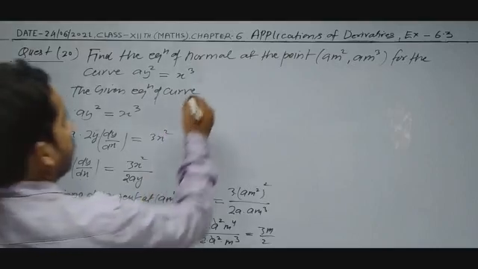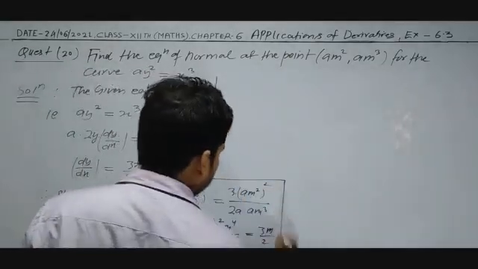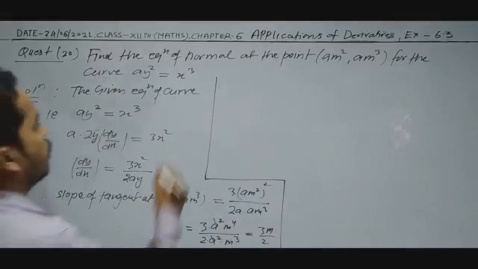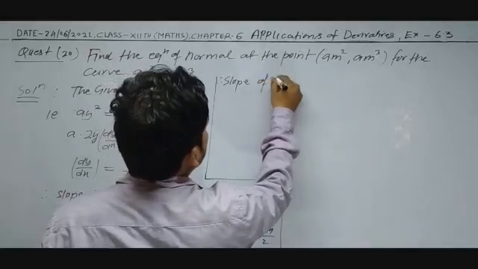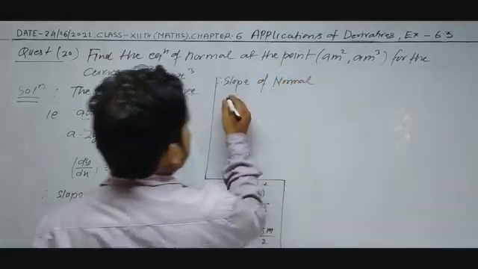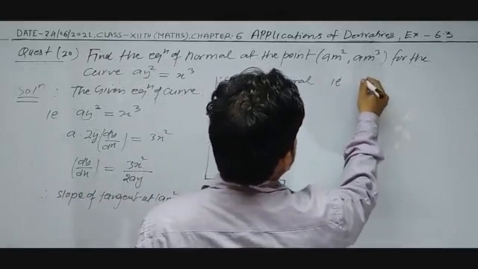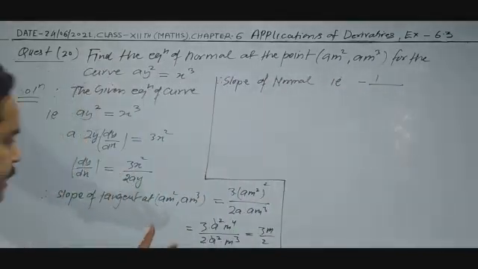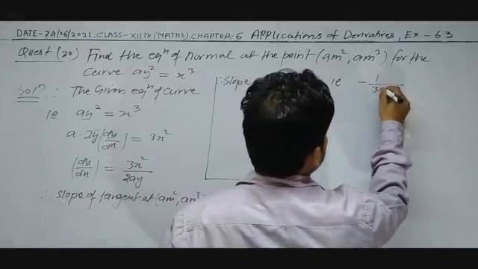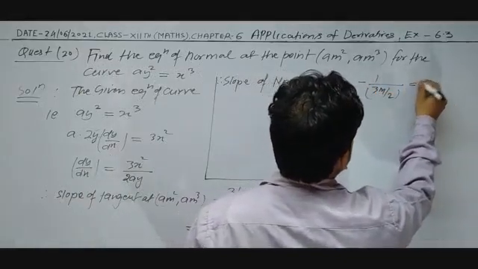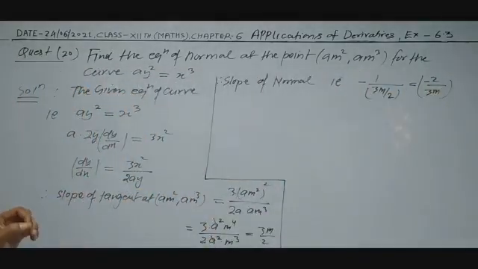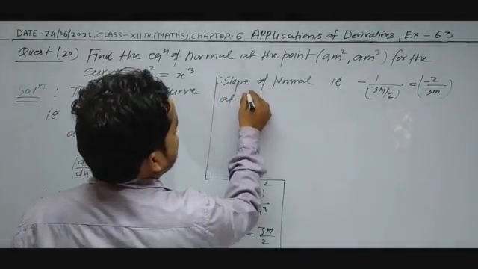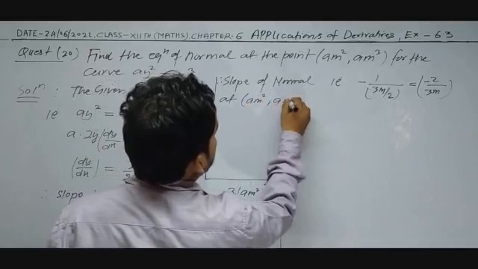In a similar way you can find the slope of normal. Therefore the slope of normal is minus 1 upon slope of tangents. This is 3m by 2, and this result will be minus 2 whole upon 3m. Minus 2 whole upon 3m is the slope of normal at a given point, you can write at (am square, am cube).